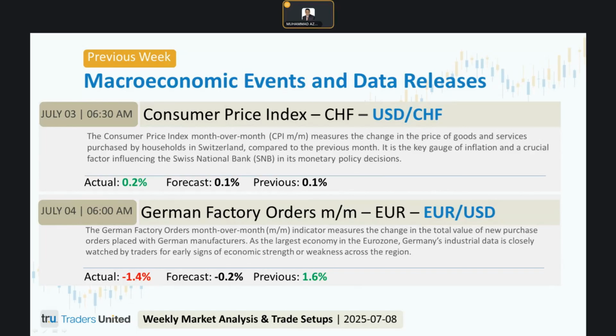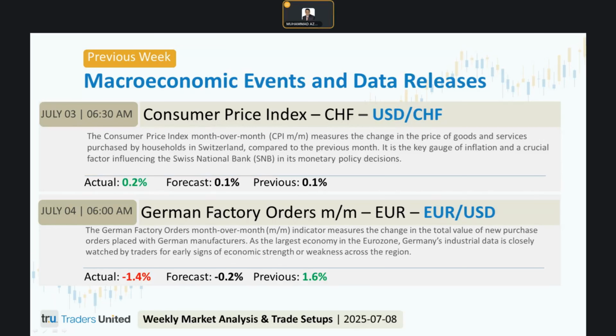The actual CPI came in above expectation at 0.2%, indicating stronger inflationary pressure than the market had anticipated. Okay, and market moved up. Actually, USD Swiss franc moved higher.